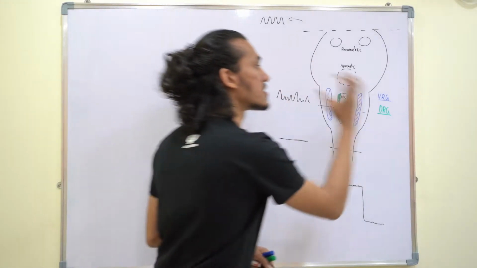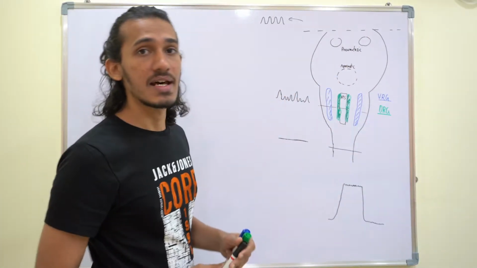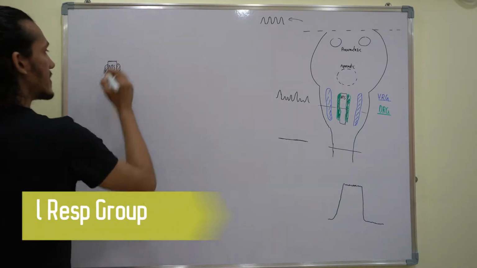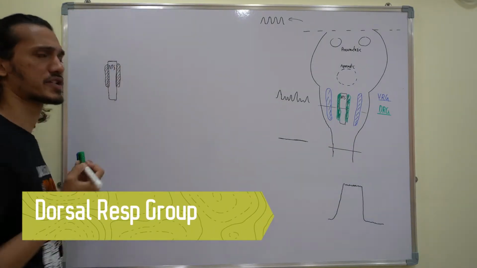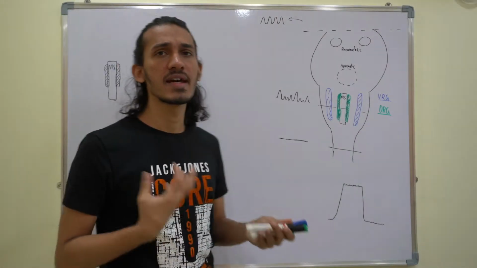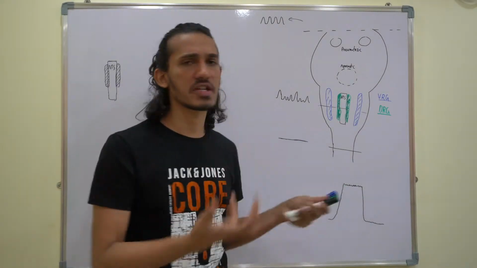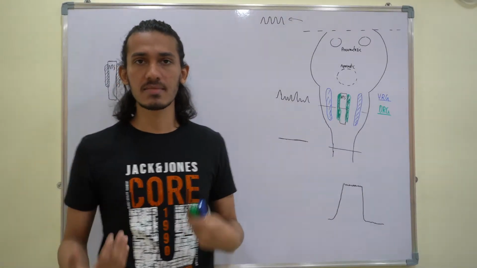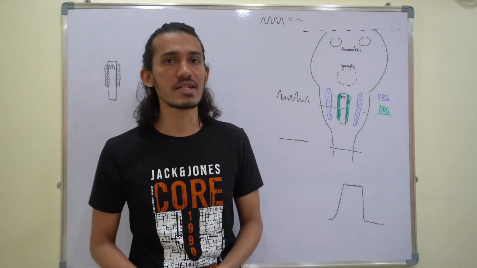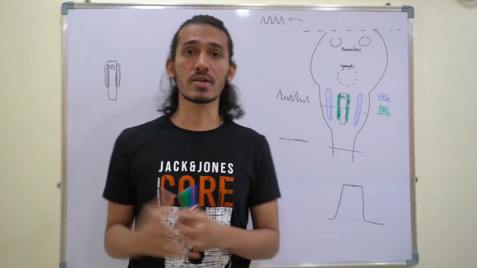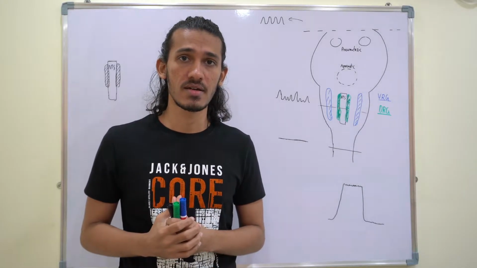So we got the dorsal respiratory group as well as the ventral respiratory group. So I make this the dorsal respiratory group. What this dorsal respiratory group does is, it results in this inspiratory ramp signal in the active phase. So imagine us breathing normally, tidal ventilation is taking place, and that inspiration is through your dorsal respiratory group of neurons.